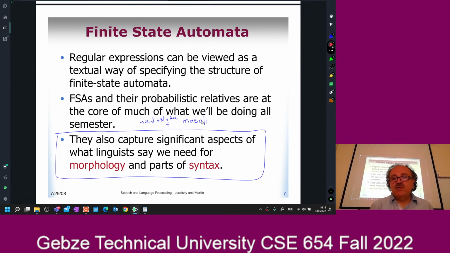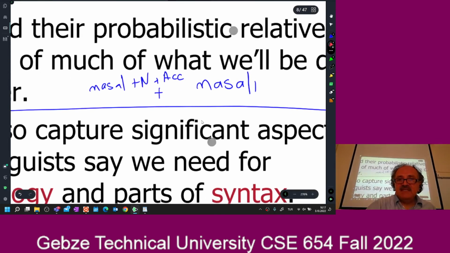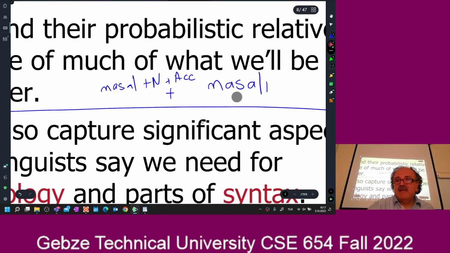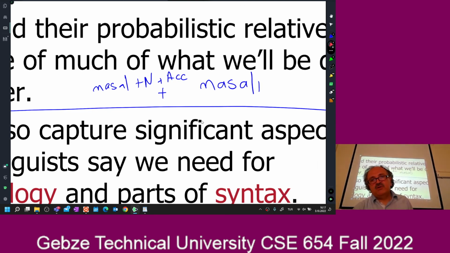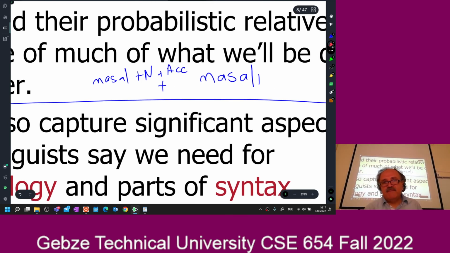So we are going to use finite state automata, whatever it is. I'm going to give you the example in a few minutes, okay? We are going to use finite state automata to make decisions about the morphological analysis of the words. I am going to ask questions like, is masalı analyzed that there is a masal as the root of the word, and is the accusative marker of the word.